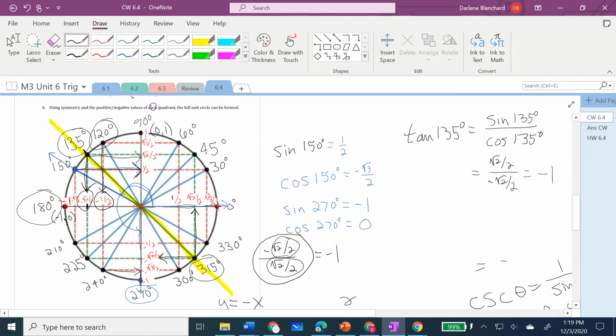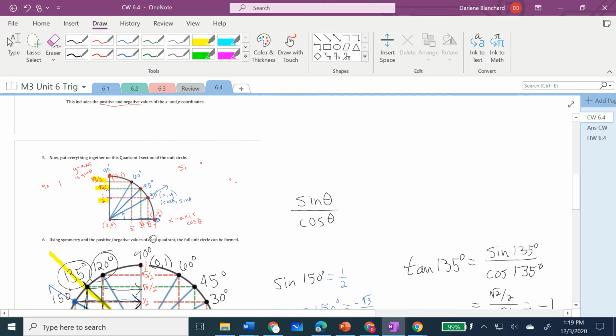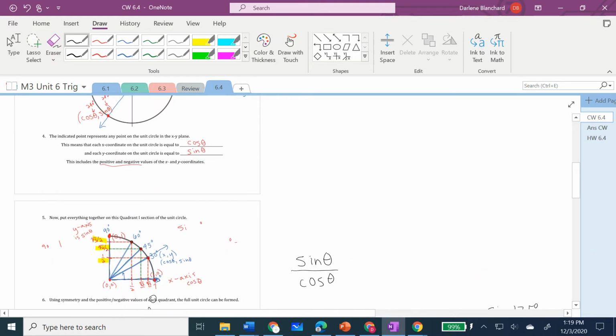Now, I want to also remind you, with sine and cosine, they represent x and y coordinates. So if I write sine theta over cosine theta, do you remember up a little higher in the notes, cosine theta is x, sine theta is y.